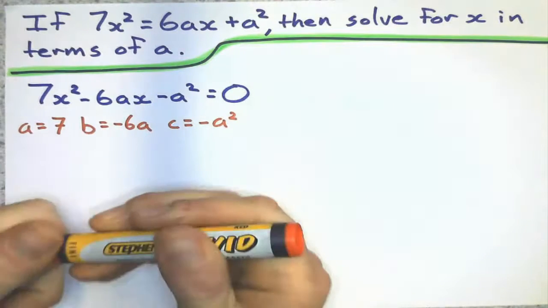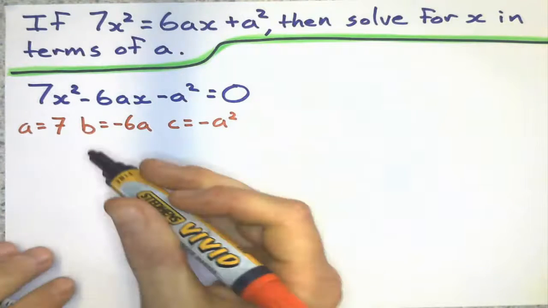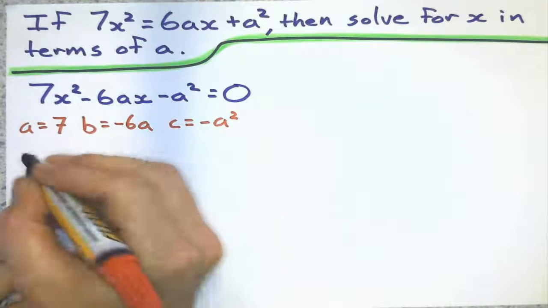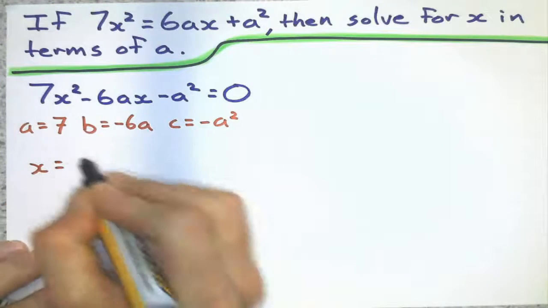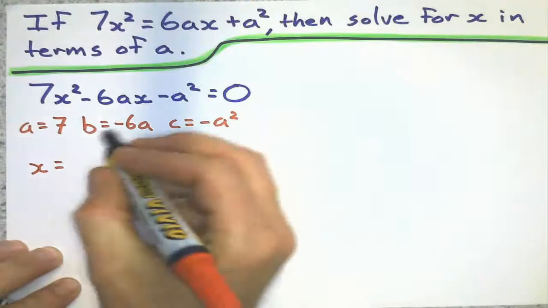All right, so now, next up, I'm just going to take these and substitute them into the quadratic formula as if they were just regular numbers. So I've got x equals the opposite of b.